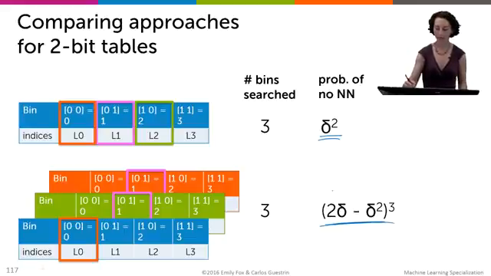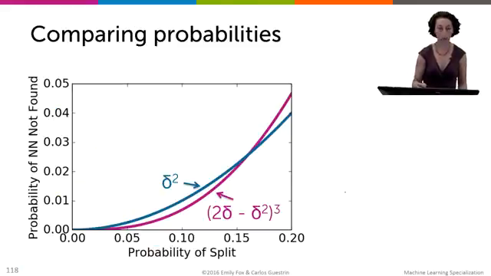Okay, well, it's a little bit hard to compare these 2 functions just written as they are, so I made a plot of them for you. The x-axis is delta. It's the probability of a split of points that are an angle theta apart. And the y-axis is the probability of not finding a nearest neighbor after performing the search of 3 bins that I described.